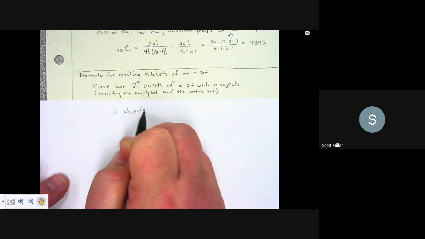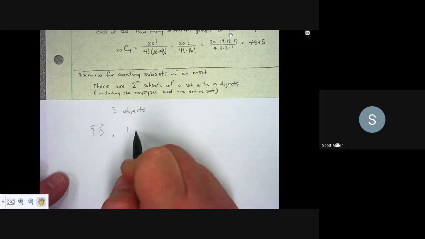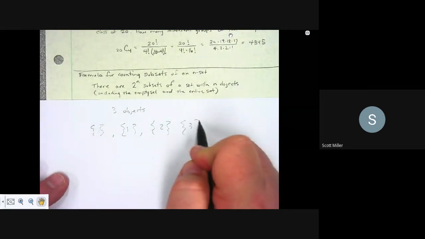So if that made sense to you, if not, here's another way to look at it. If I have let's say 3 objects, I want to know how many subgroups can I make out of 3 objects. Well, I can have a group of nothing, so the empty group. And I can have a group that has, I should say it's 1, 2, and 3. I can have the group that has 1 in it, the group that has 2 in it, the group that has 3 in it.